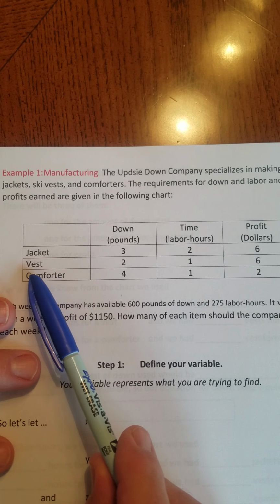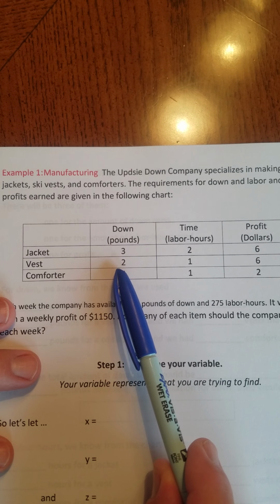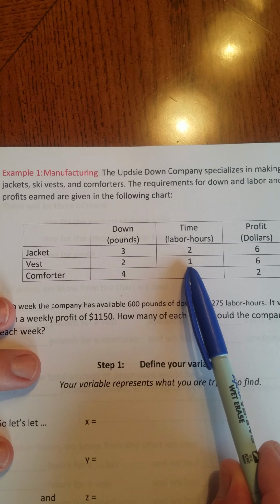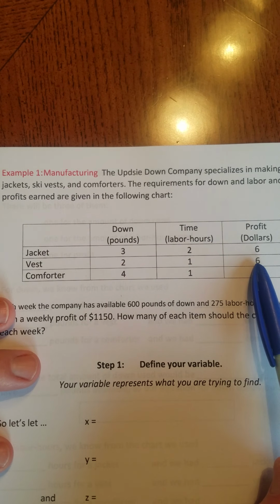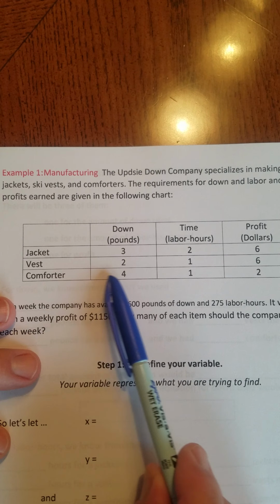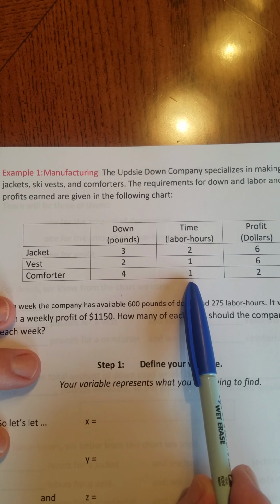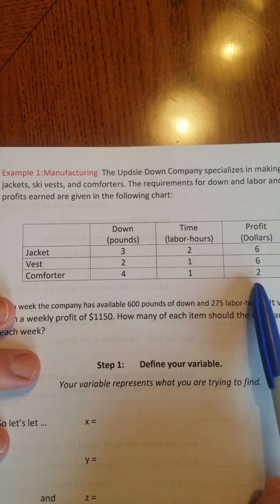For the ski vest, you need 2 pounds of the down, 1 hour to put it together, and you make $6. And for a comforter, you need 4 pounds of down, 1 hour of time, and you make $2.